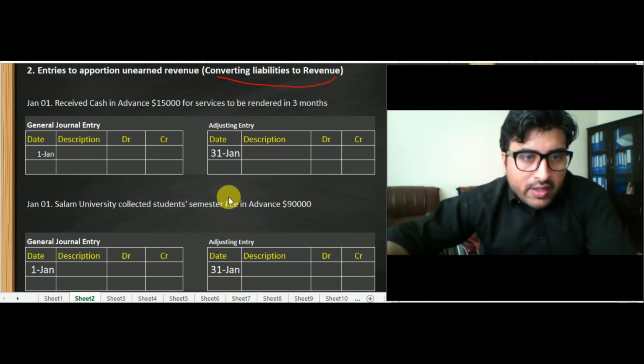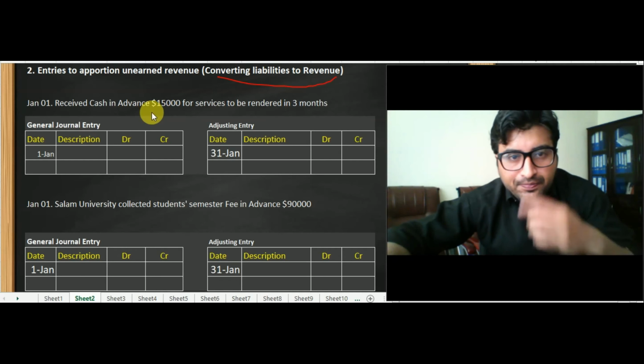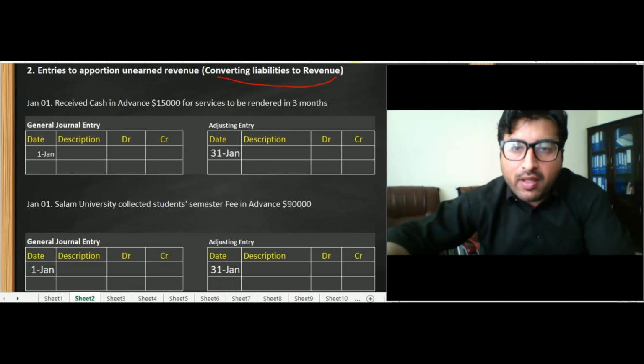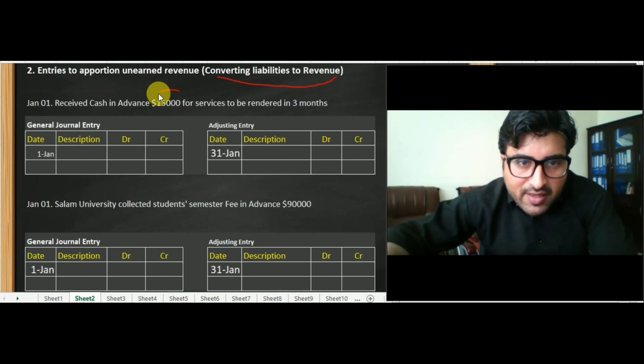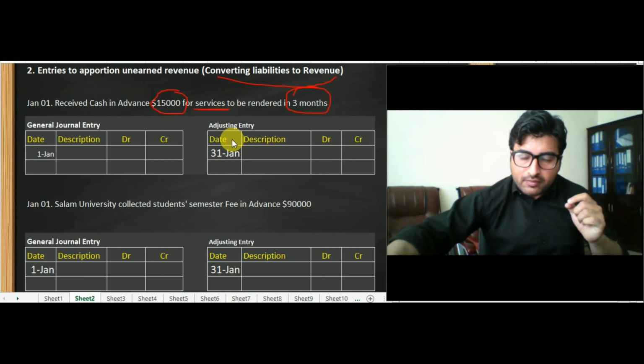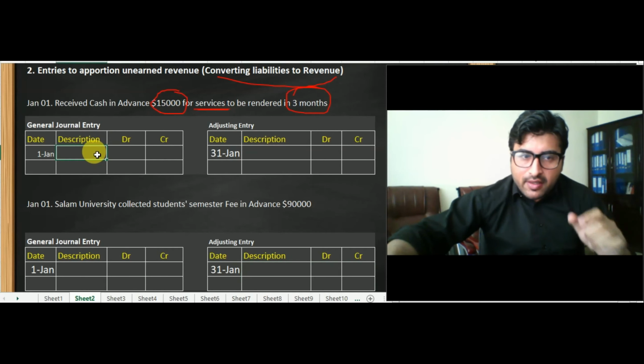So look here, dear students, we have an example here. Received cash in advance $15,000 for services to be rendered in 3 months. So here is a business receiving $15,000 for what? To provide services in the coming 3 months. Now the cash which is received here, $15,000, should be debited. Why? Because it is an increase in cash asset.